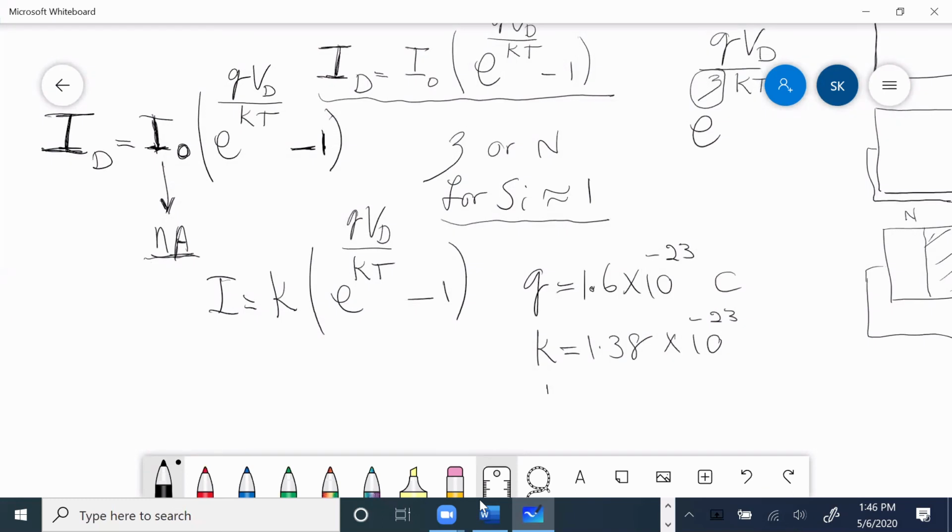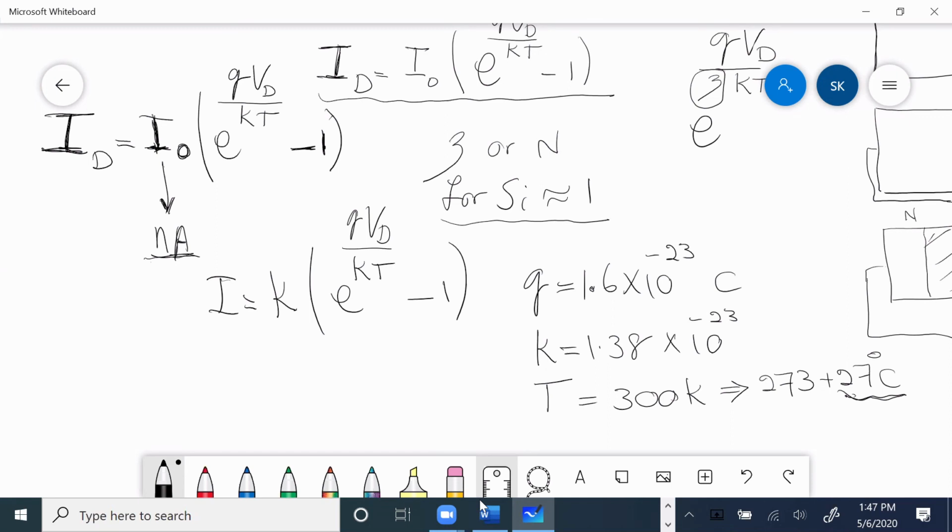And if I put T as 300 Kelvin, 300 Kelvin means 273 plus 27 degrees C. 27 degrees C is room temperature.